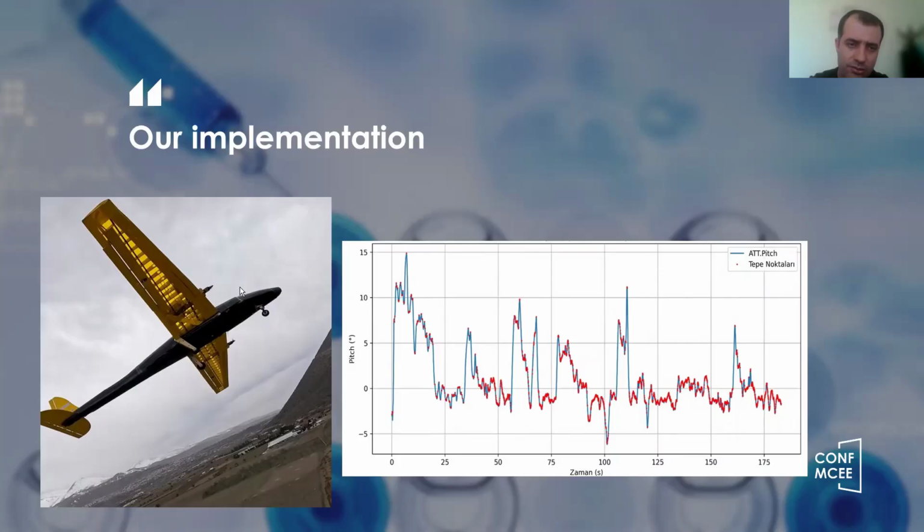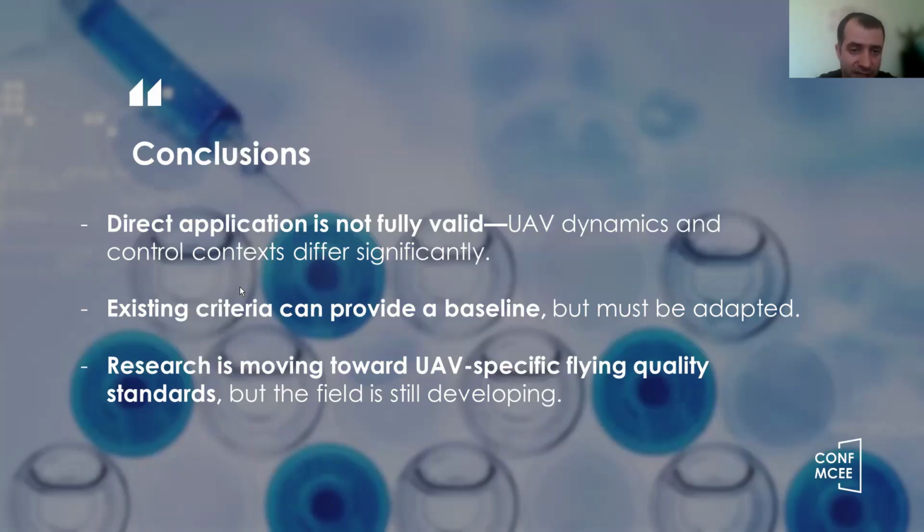We have also begun evaluating the flying qualities of UAVs using our customized fixed-wing UAV. Although our research is not yet complete, we are working on a novel assessment method, and we reached some conclusions. Direct application of aircraft metrics is not fully valid for UAVs.